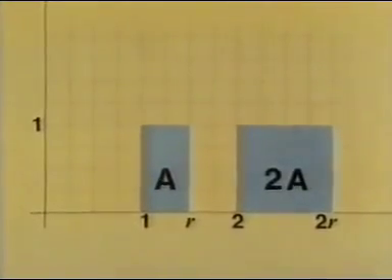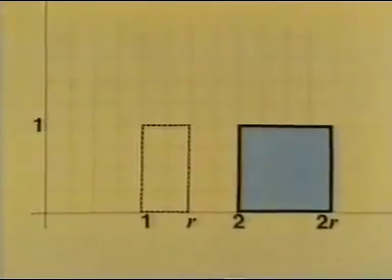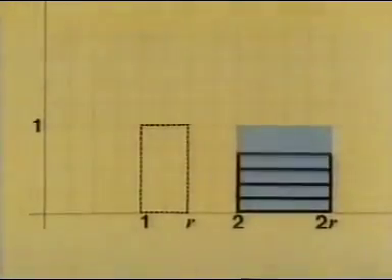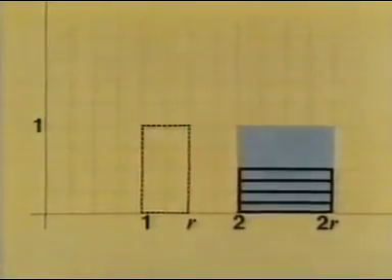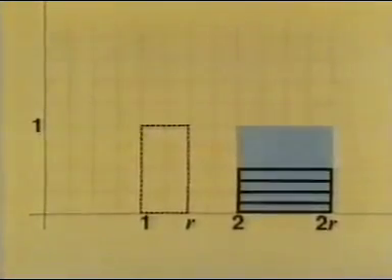Area gets multiplied by the factor we scale by. And the same holds for scaling in the y direction. For example, let's scale this rectangle by a factor of 1/2 in the y direction. The area gets halved, because the height gets halved. Again, area gets multiplied by the factor we scale by.